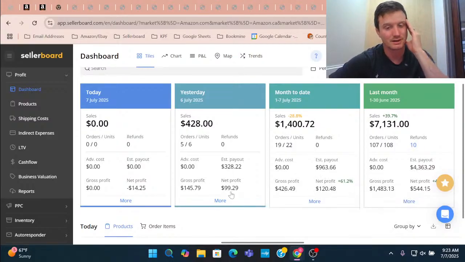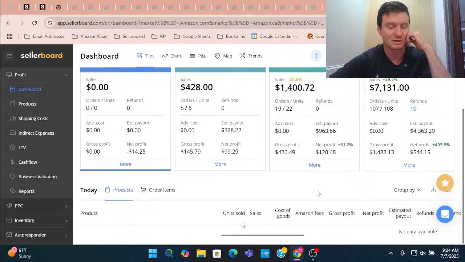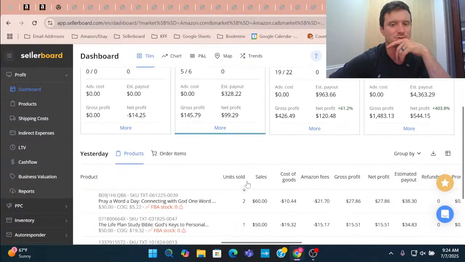So yeah, I made $99 for the day yesterday, but that really contributed to a large portion of my profit, because I'm only at $120 of profit right now. So my expenses are a little high right now. That's an issue I'm trying to remedy, but it's not easy to let some tools go and stuff.